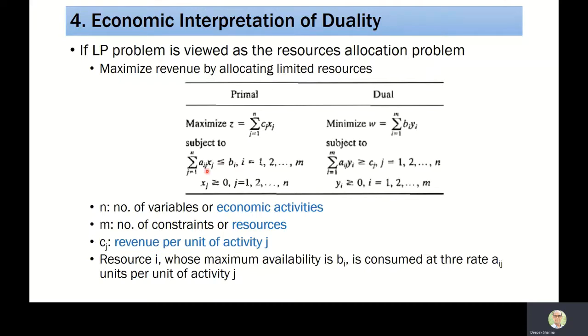Then we have the constraints, all of them of the less-than-or-equal type, with a left hand side and a right hand side bi, and we have m constraints. Similarly, we have n variables. If we write its dual form, which you can see on the left hand side of the table, the maximization will become minimization.